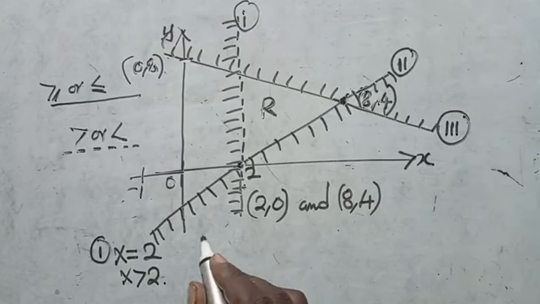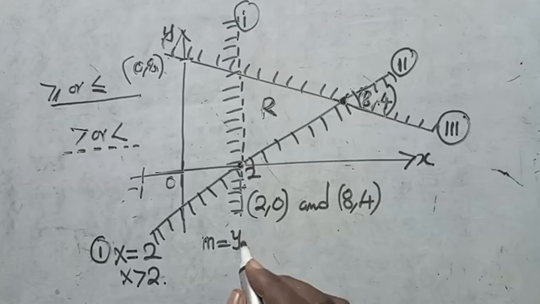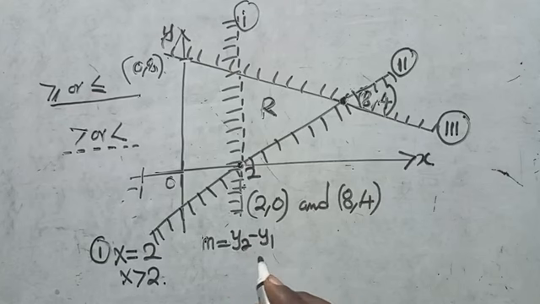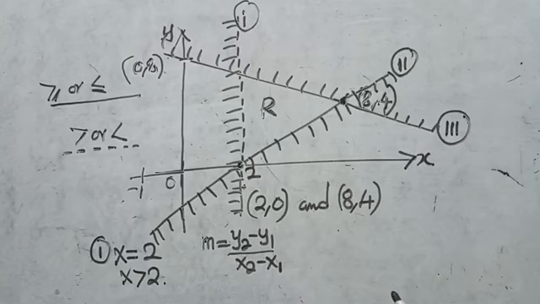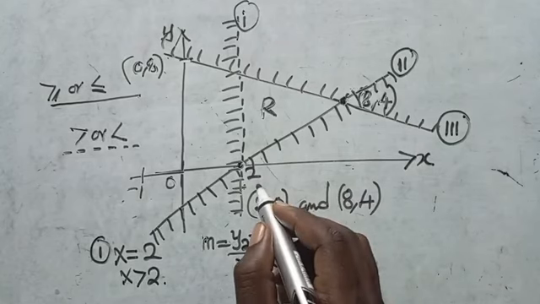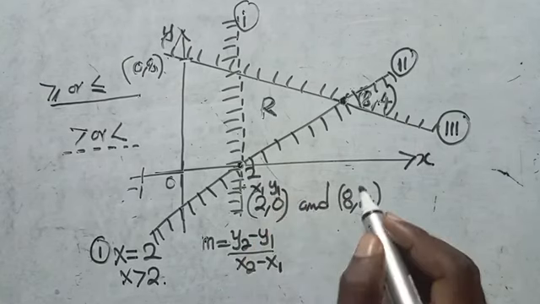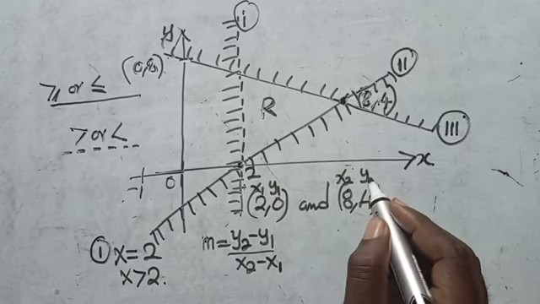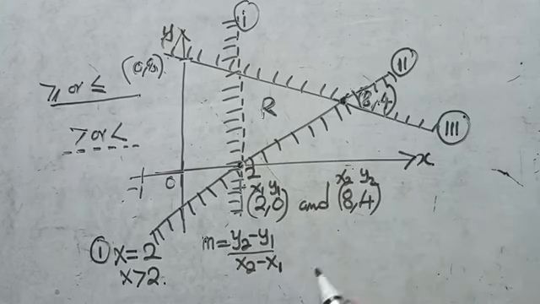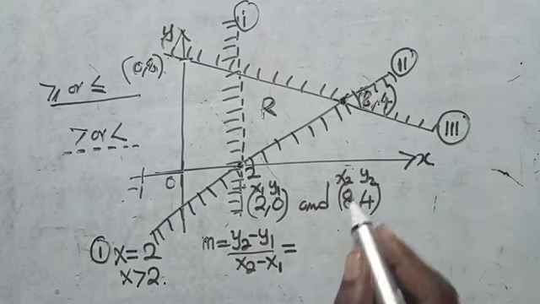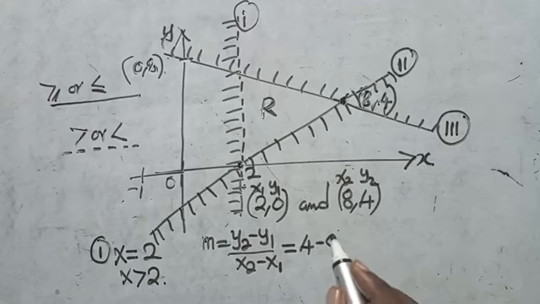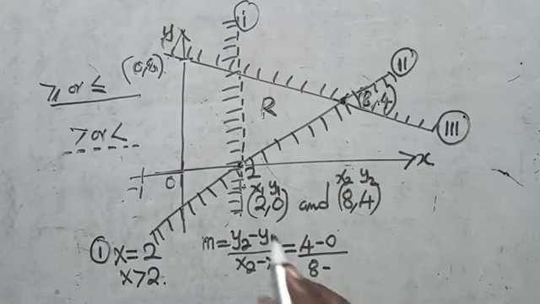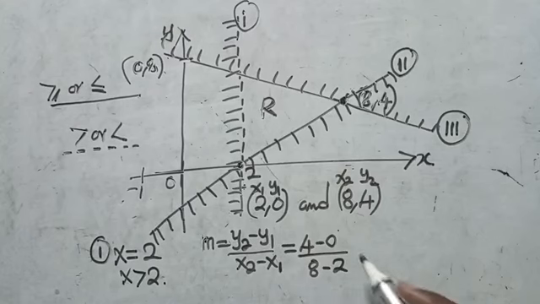You know that the formula for gradient is gradient equals y2 minus y1 over x2 minus x1. This is the particular formula we get to use. We know that this is x1, y1, x2, y2. We just substitute. y2 is 4 minus 0, over x2, that is 8 minus 2.